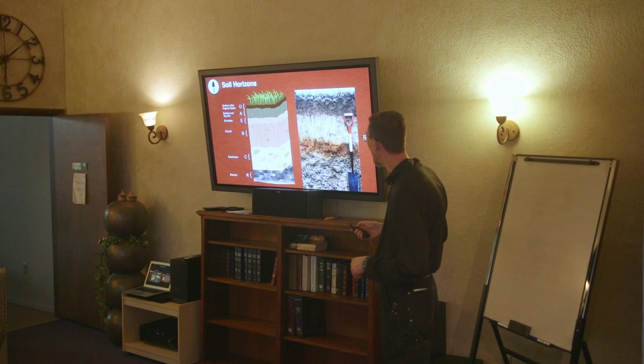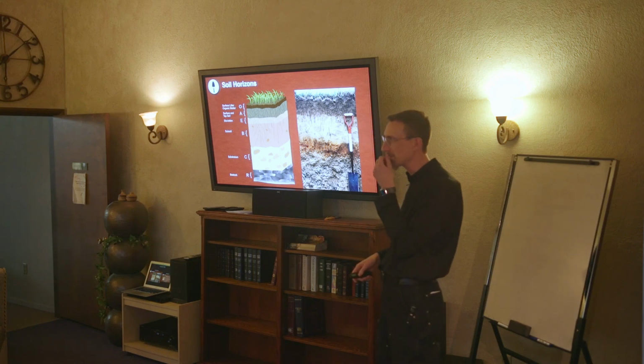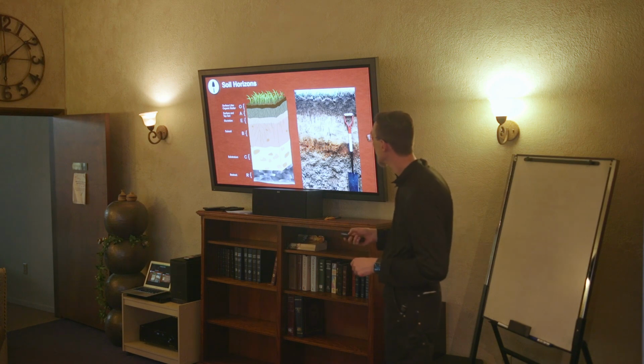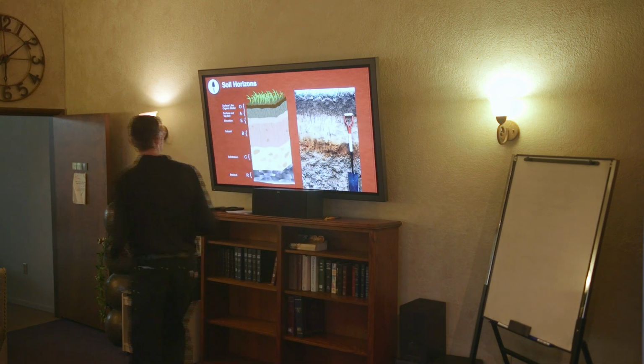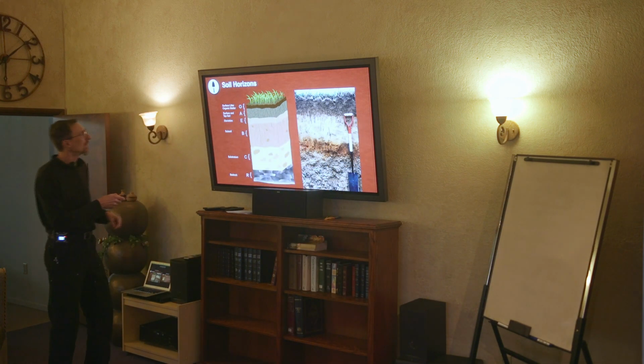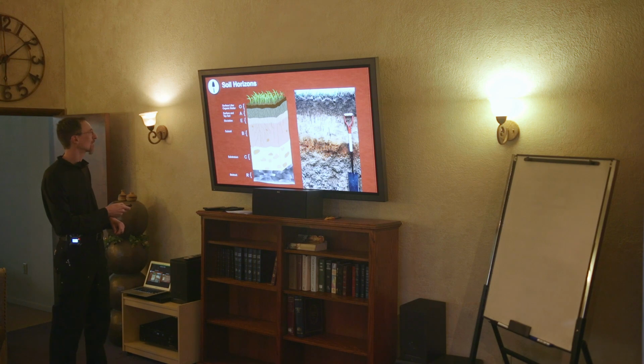So first part of understanding soil is getting an idea of some of the terminology that's used when describing it. And so we have what's called soil horizons. Those are horizontal areas that we describe. So when you're saying, well, which soil horizon are you trying to work with?